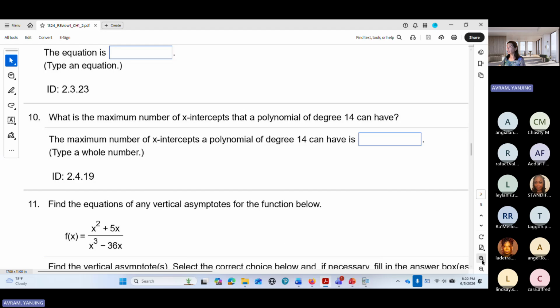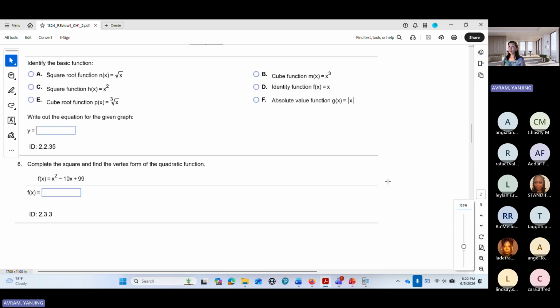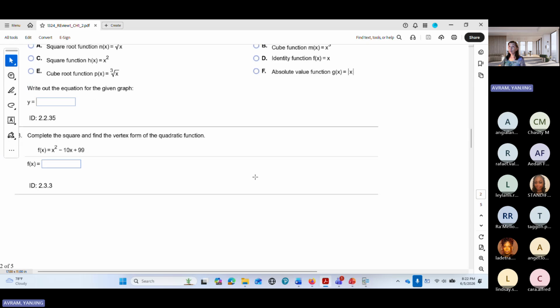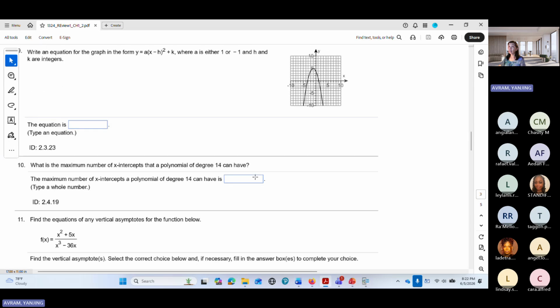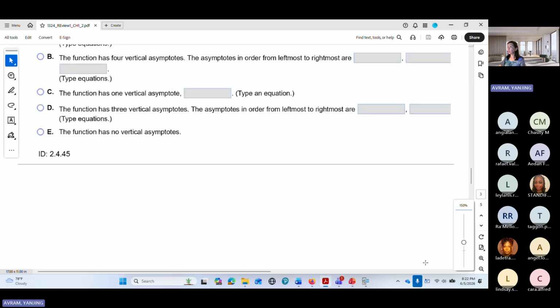Oh, hold on. They're too big. Which question are we doing? We're doing number 9, right? Number 9. Yeah, this one. Okay, so I'm trying to get this one really big.